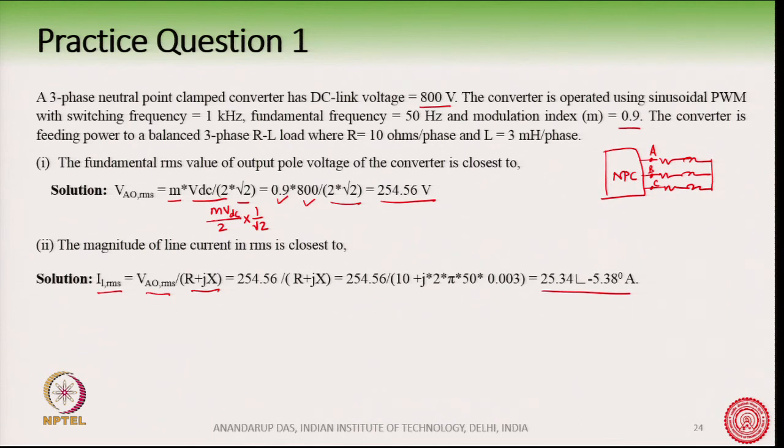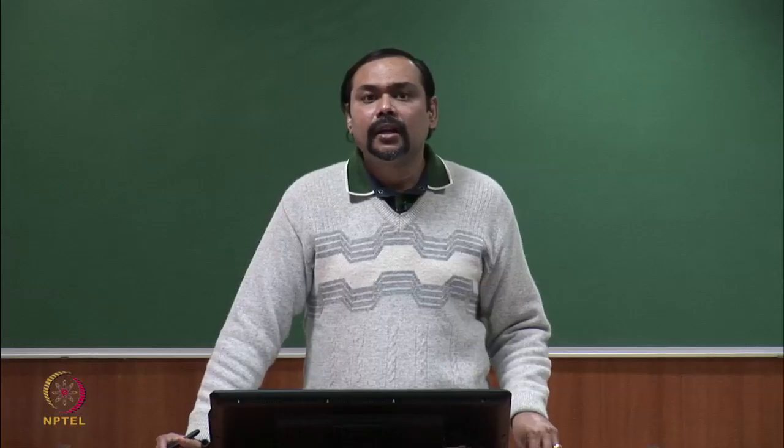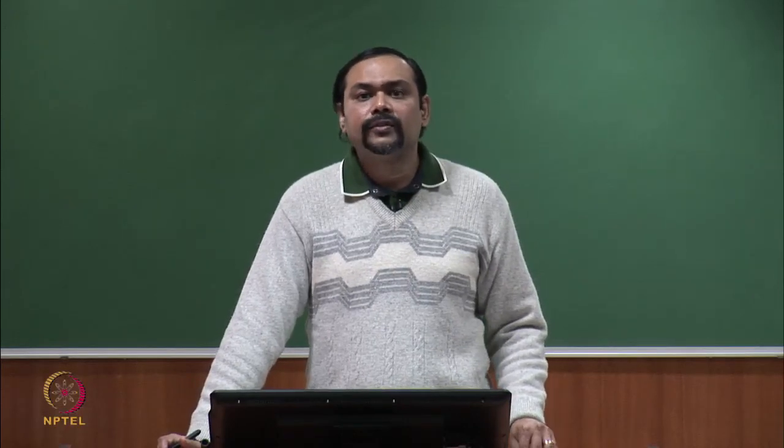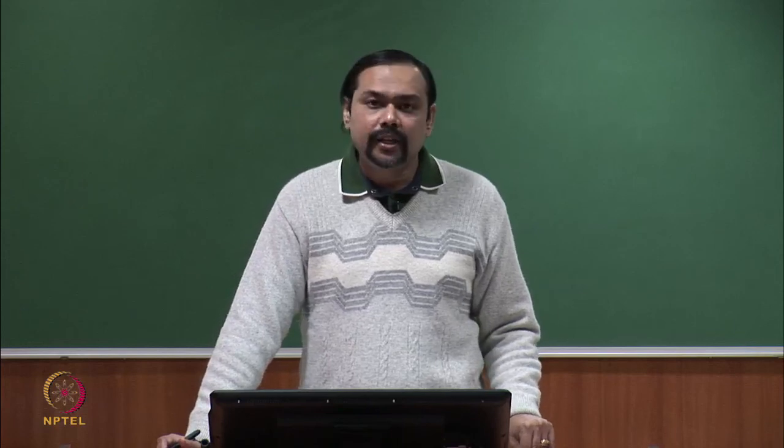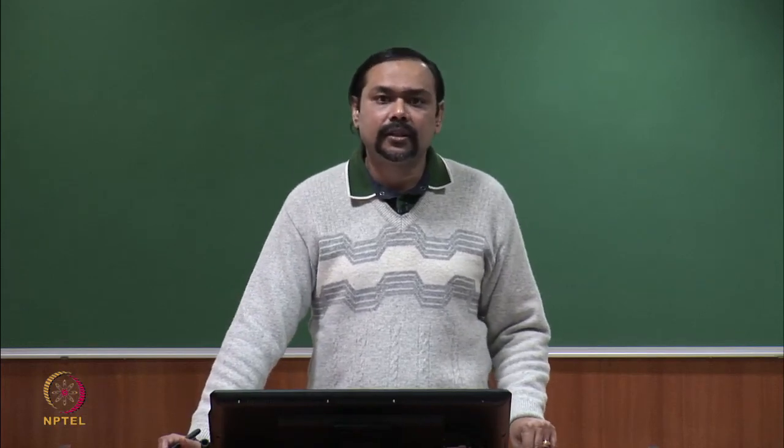minus 5.38 degree. From this problem you can also find out the active and reactive power feeding the load, the current rating of the switches, the voltage rating of the switches, and many other things.